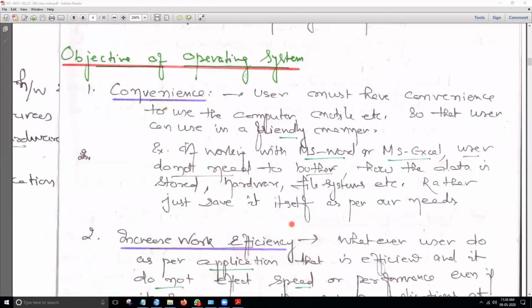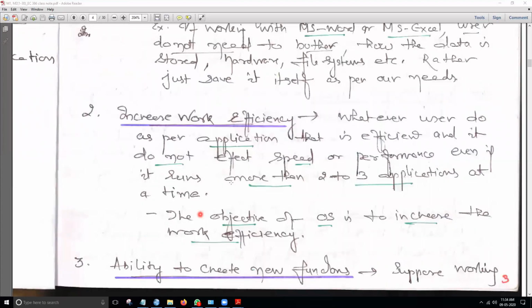Now, this is a very important question. It comes as the objectives of the operating system, like a 3 mark question. Convenience: how you are able to handle it. Efficiency: how you are able to run multiple applications, and how the operating system can handle that.